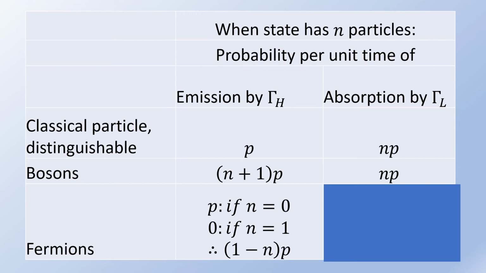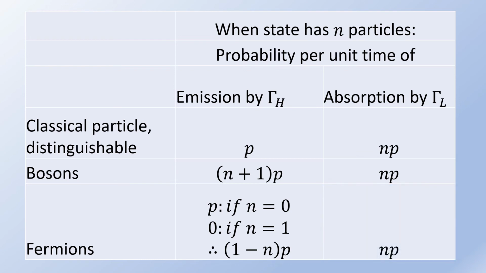So, since the probability of emission by gamma H is known to be P when the state is empty and 0 when the state has a particle, we can represent the probability as (1 minus n) times P. The probability of absorption is still nP.